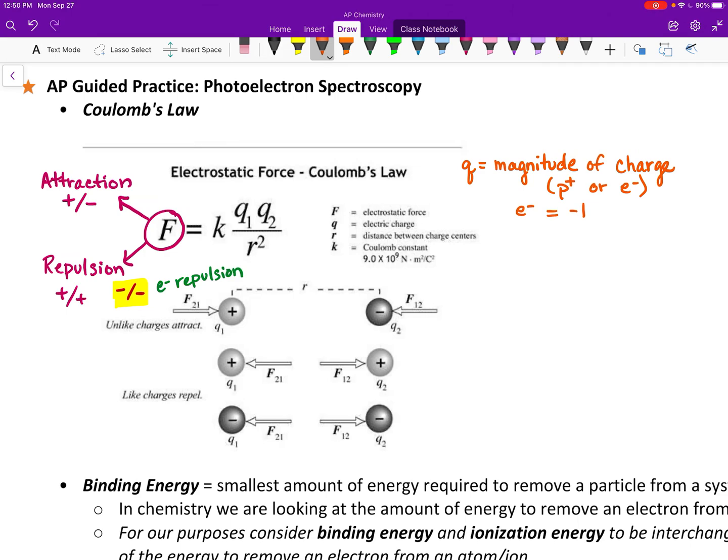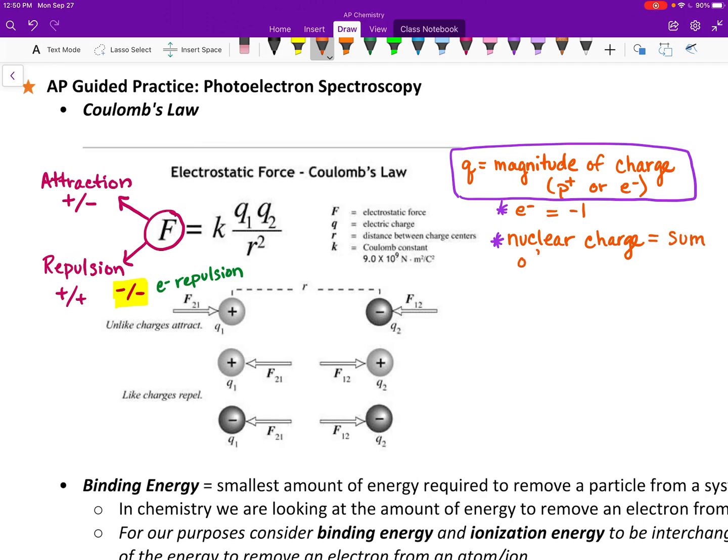But when we're dealing with protons, we want to think about something that we call the nuclear charge. We distinguish these all under this Q value. Nuclear charge is going to be the sum of our protons, so the total value.